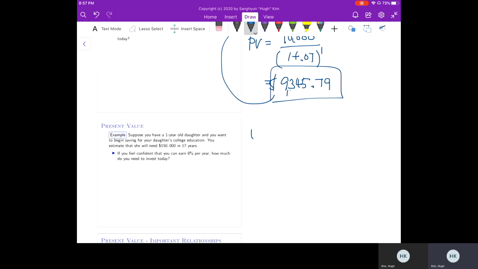Okay, so in 7 years' time, your daughter is going to need $150,000 for college education. So you will start saving today. So if you feel confident that you can earn 8% per year over the next 17 years, so you want to know how much you need to invest today.